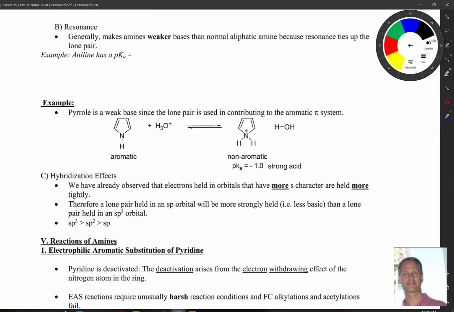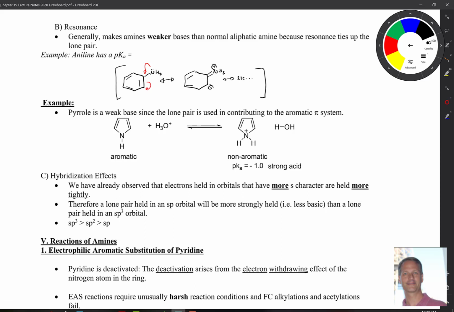So if we look at aniline, remember aniline has a structure that looks like this. Of course, we know that there's resonance here, so we're not going to draw them all, we'll just draw one. One of those resonance structures would look like this with our nitrogen, our plus charge, our minus down here, and then we'll just write here, etc., plus the other resonance structures.